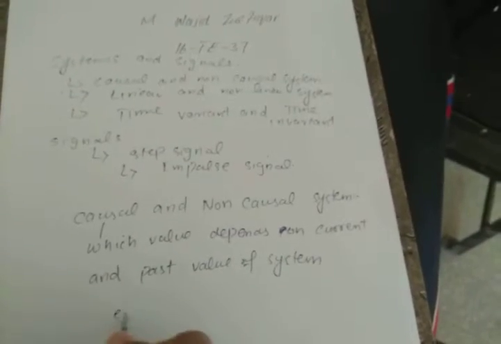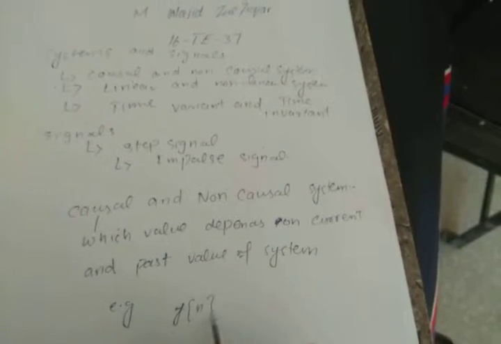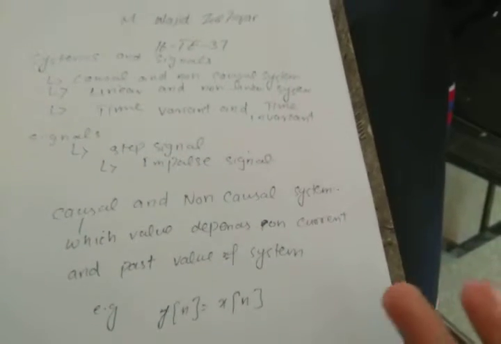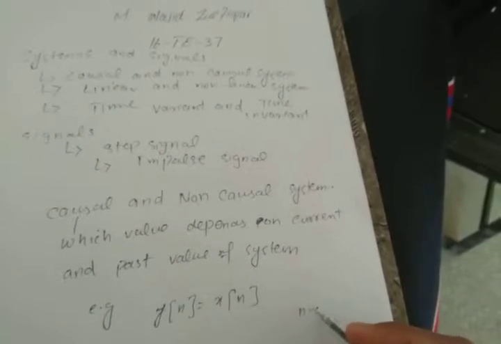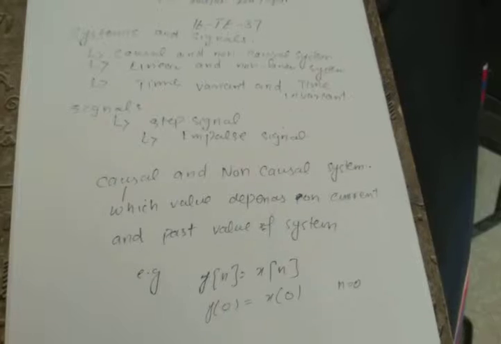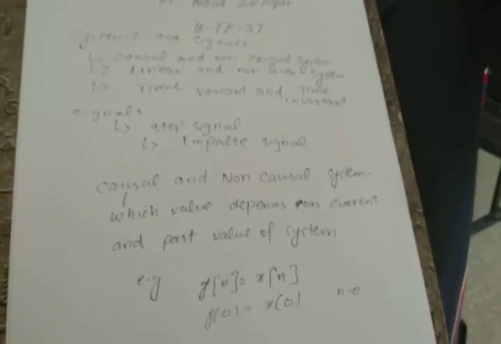For example, we have the system y of n is equal to x of n. Let's suppose we put n is equal to 0, then y of 0 is equal to x of 0. This x of 0 is the present value, and y of 0 is also the present value.